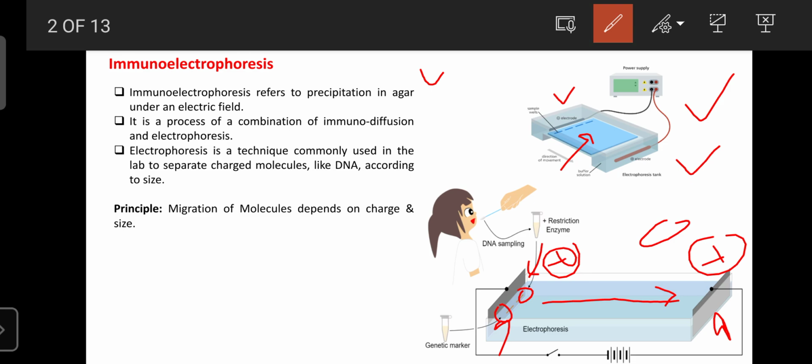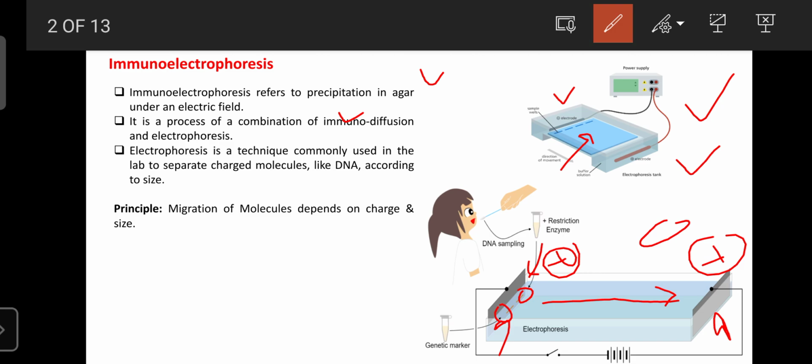On the basis of that diffusion, immunoelectrophoresis is helpful for the diagnosis of the targeting molecule. It is a process combining both immunodiffusion and electrophoresis. First, the molecules are diffused according to their charge and size by use of the agar media. Then after that they are separated.